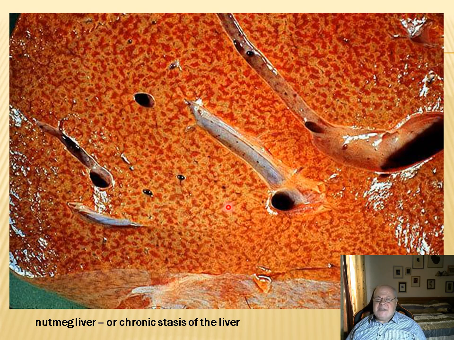This alternance of colors is also seen in a nut, a tropical nut. The British Empire, which was very extended, having a lot of tropical areas in its composition, the Britons were the first, when they described this chronic liver stasis, to compare this liver with the nutmeg.